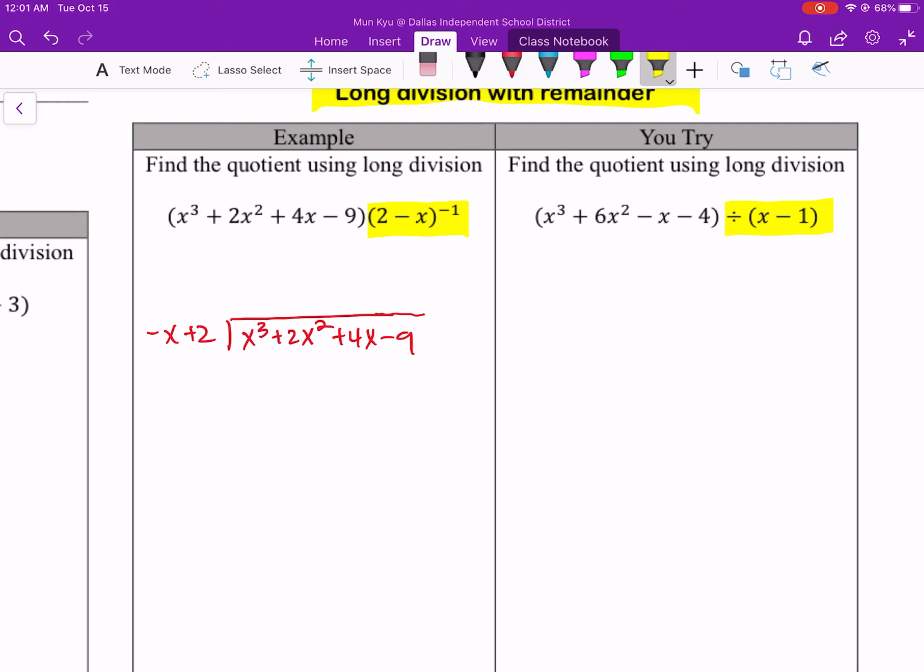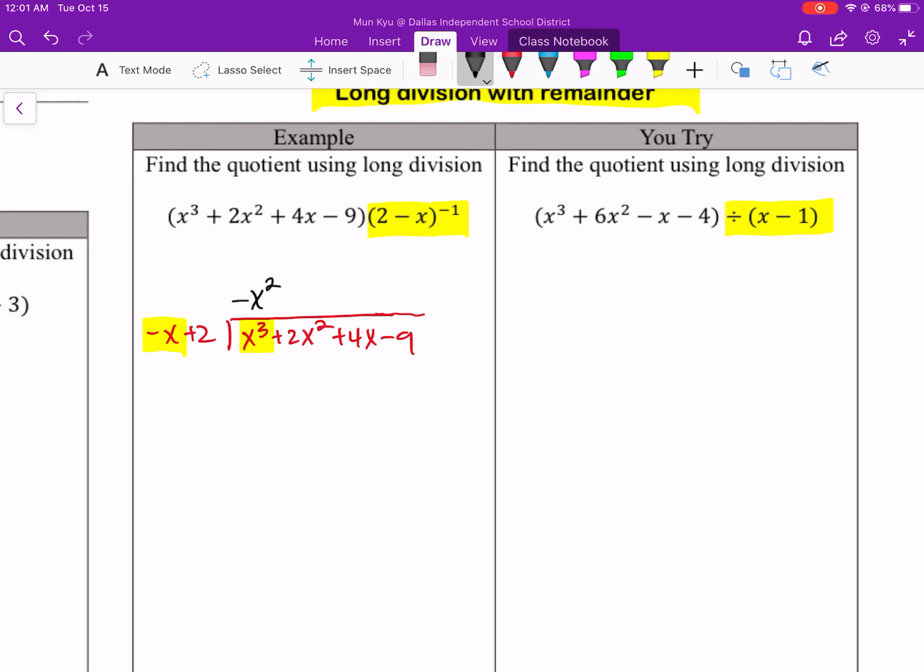Now, let's try to simplify. Let's set this up. Here, we have negative x. This is the tricky part, I guess. And you want to have x cubed. If you want to have x cubed, obviously you have to multiply by x squared. But again, this is negative x, so you also want to multiply by negative.